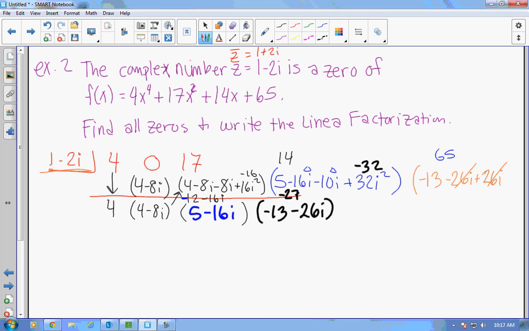Negative 2i times negative 26i is positive 52i squared. Okay, guess what? All of our i's are gone because this 52i squared is actually a real number, negative 52. Negative 13 minus 52 is negative 65, which makes a 0. 65 and minus 65 make a 0, which tells you they weren't lying. They said that was a root. Turns out it is a root.